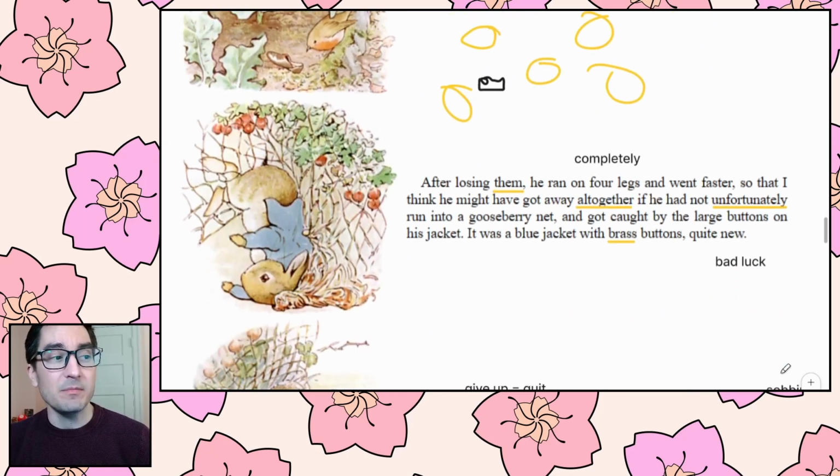After losing them, he ran on 4 legs and went faster, so that I think he might have got away altogether if he had not unfortunately run into a gooseberry net and got caught by the large buttons on his jacket. It was a blue jacket with brass buttons, quite new.